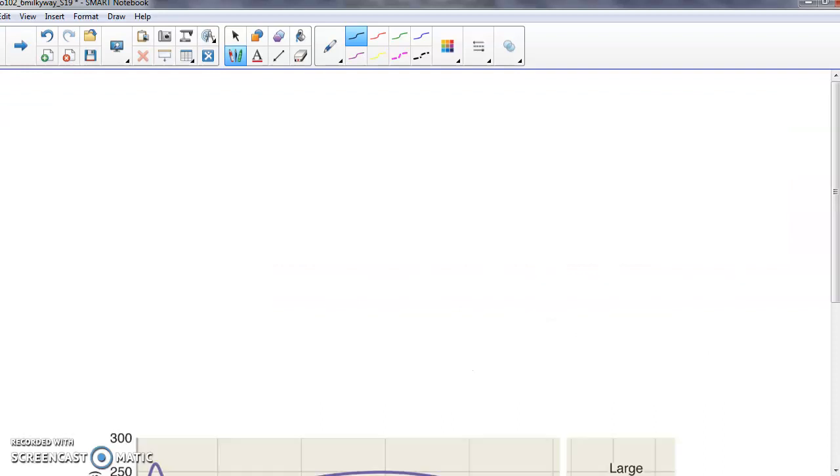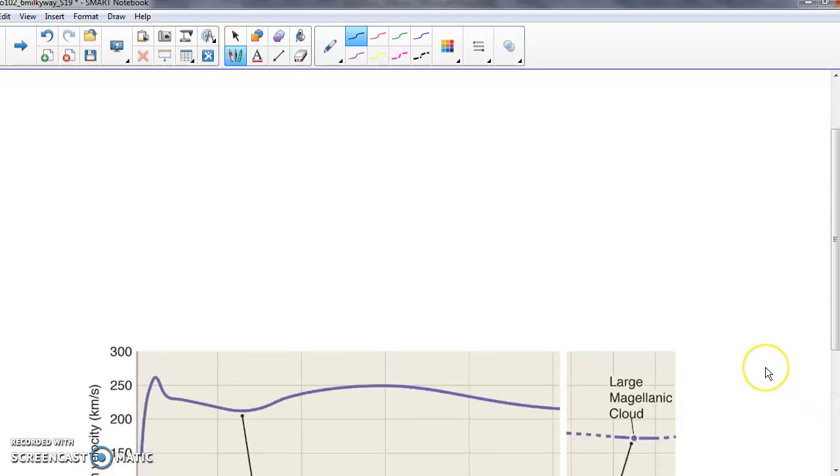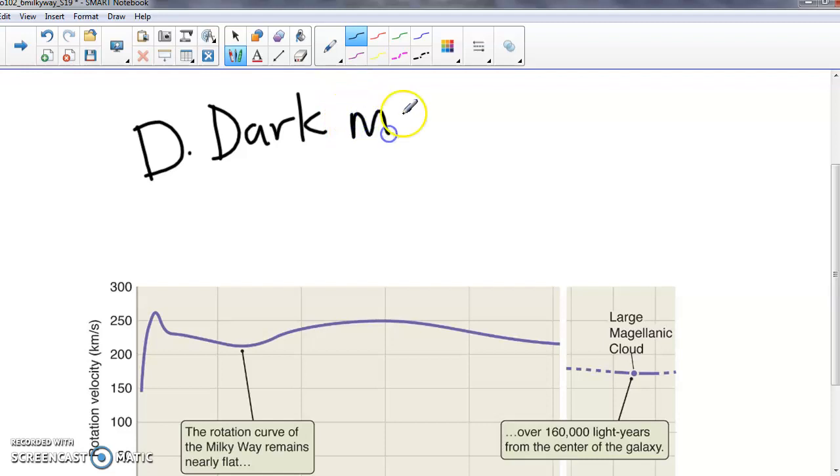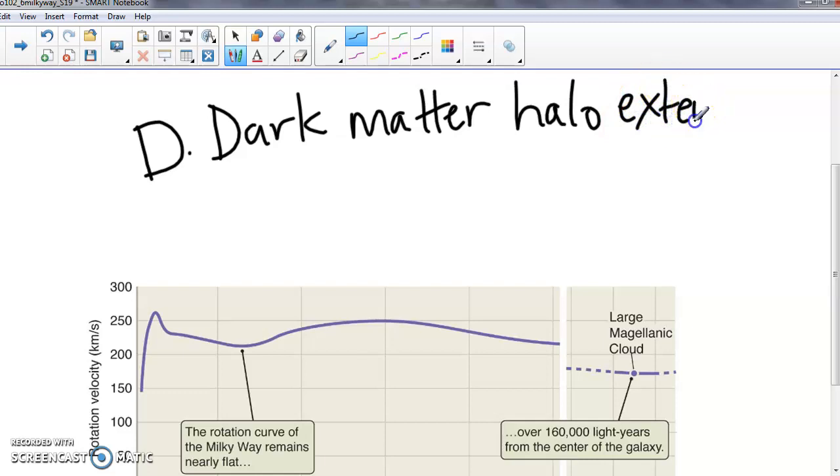The dark matter halo is actually much, much larger than our globular cluster halo, because when we plot the rotation curve of the Milky Way, we see that it is flat, and it tells us that we have dark matter that extends way beyond any visible stars into a huge halo that extends beyond that other halo that I was just talking about.